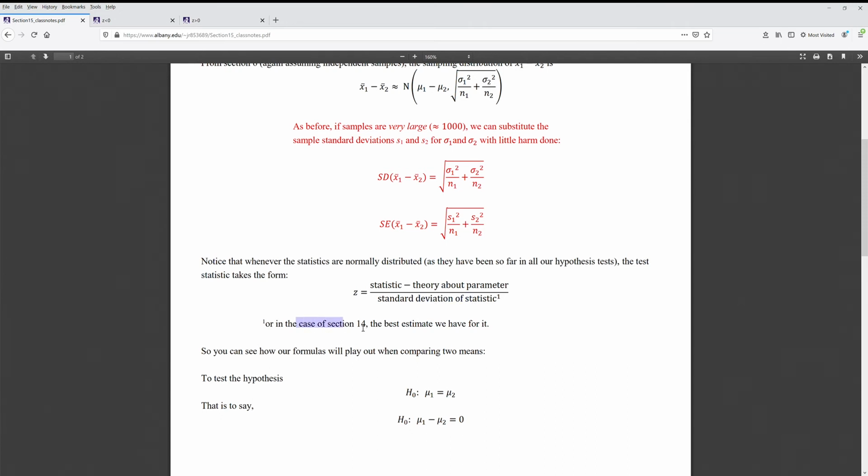Or, as in the case of Section 14, the best estimate we had for it, the pooled standard error. In this case, we'll just simply use the standard deviation of the statistic.